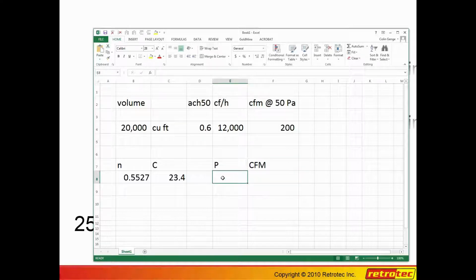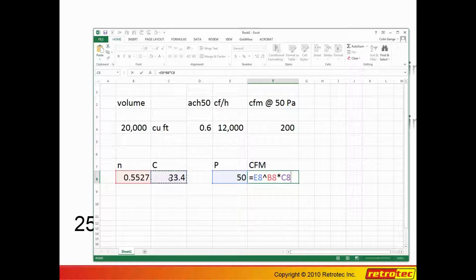Okay, so if we want a pressure of, let's say, 50 pascals, and we want to know what the CFM is, then CFM is equal to 50 pascals, and this is the power sign, the little roof that's above the 6. So I go shift 6, which gives me that little roof there. It's taking it to that power, and then times this constant, 23.4.